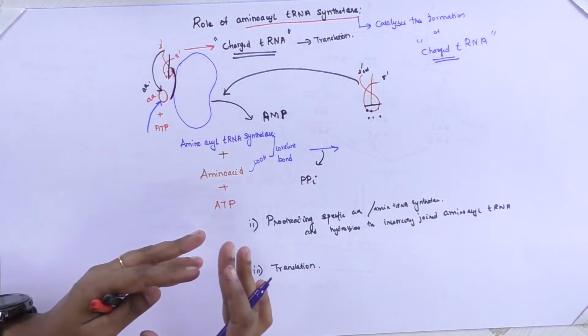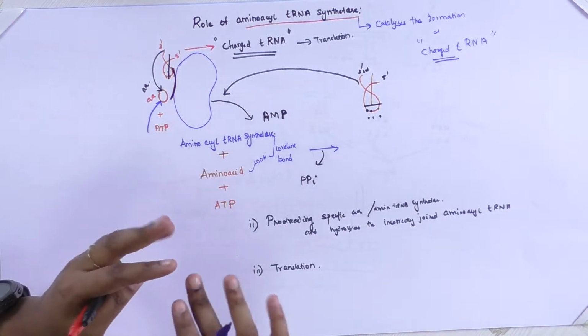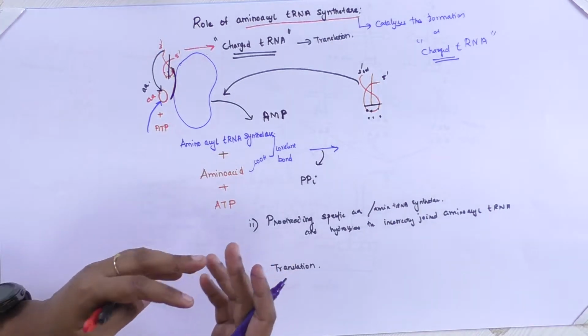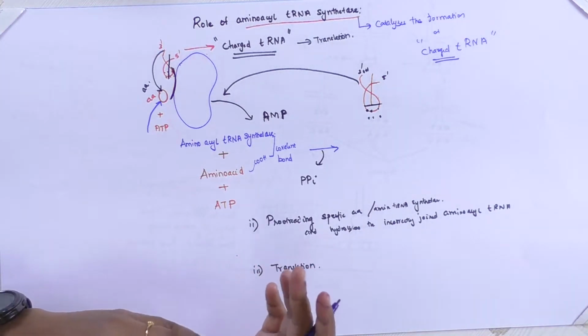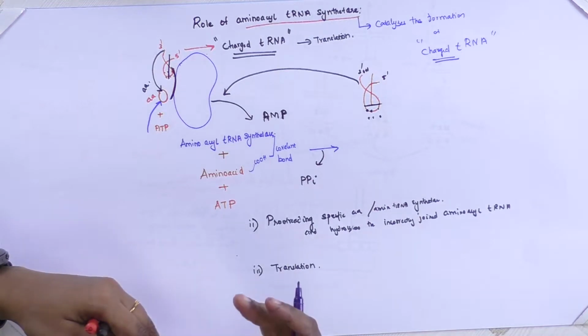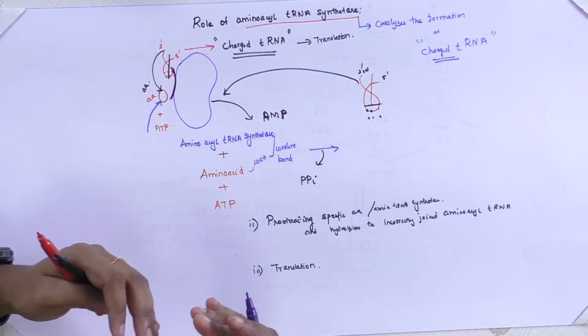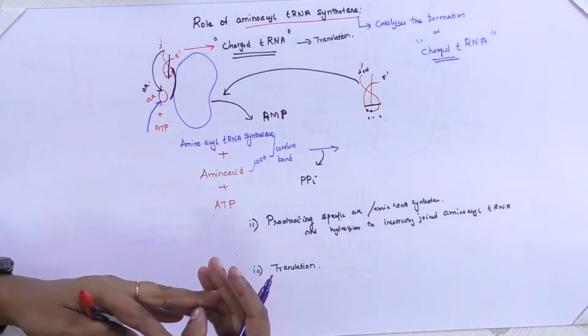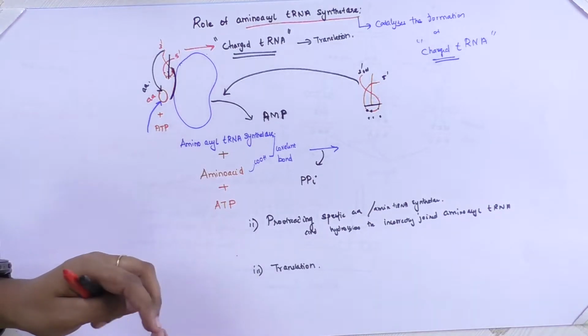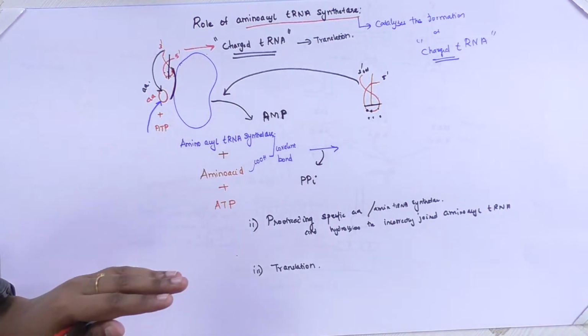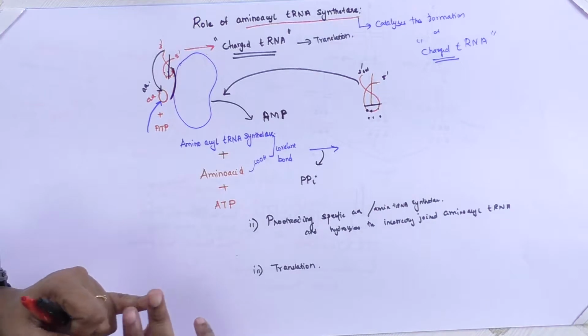The energy which is utilized will be released out. This energy makes the tRNA charged, so it is known as charged tRNA. This can be further used for the translation process. Next, the major role of amino acid tRNA synthetase is proofreading. It makes sure that the suitable amino acid is coming and binding to the active site.